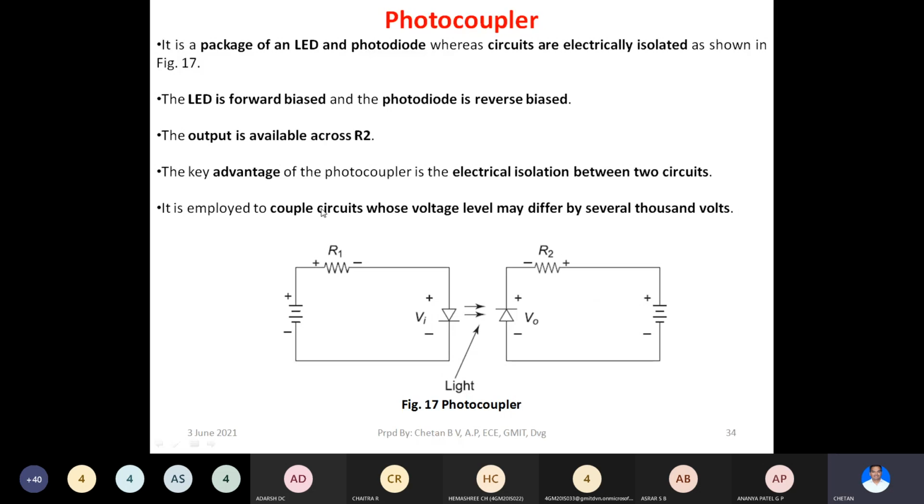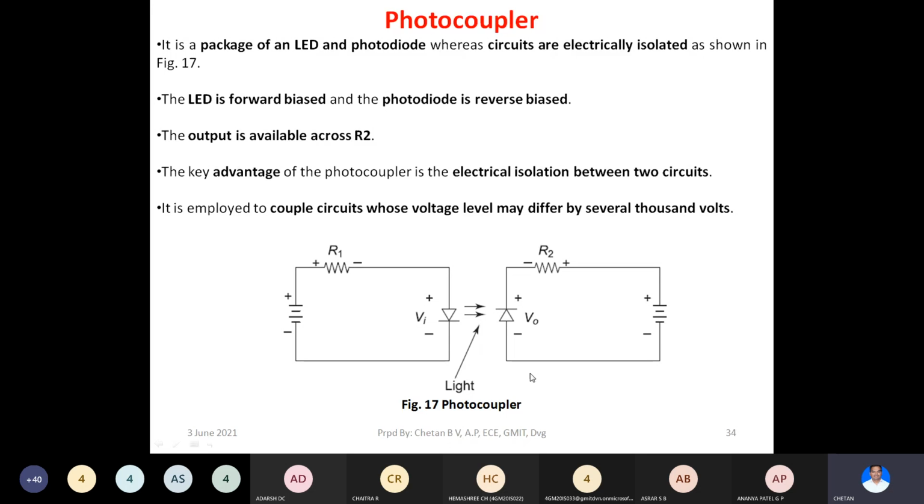That is the key advantage, electrical isolation between the two circuits. And usually it is used to couple circuits which work on different voltage levels, and the voltage level may differ by several thousand volts also. In such situations also it can be used. This is all about the photocoupler.